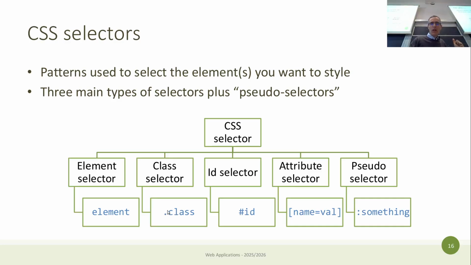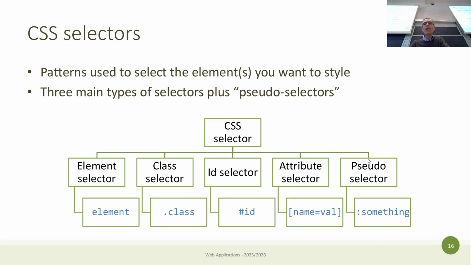We can write a class selector with a dot syntax, dot something, that's a name that we use as the value of the class attribute inside the HTML. ID selector, with the hash, we say that what follows is the value of the ID attribute of some element inside the HTML, okay?